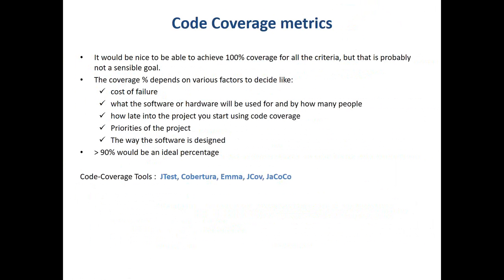For example, if I have 200 lines, and out of 200 lines I have actually used 180 lines and the remaining 20 lines are not used, then the code coverage will be the percentage of, how much is 180 out of 200?